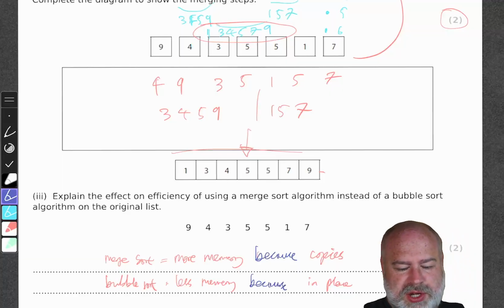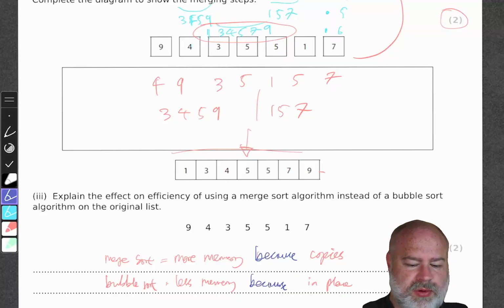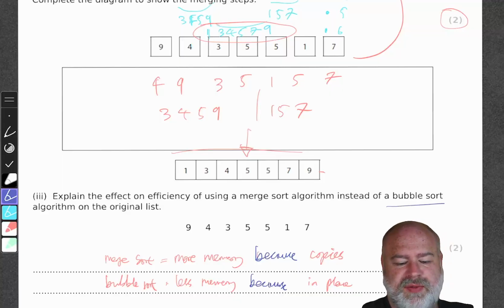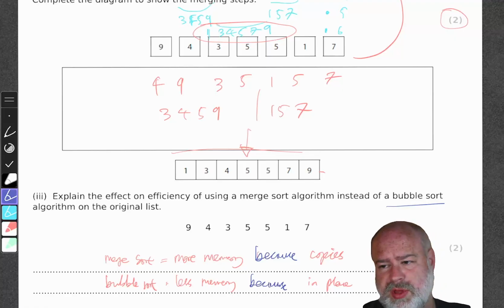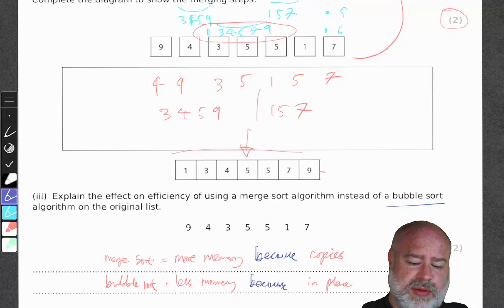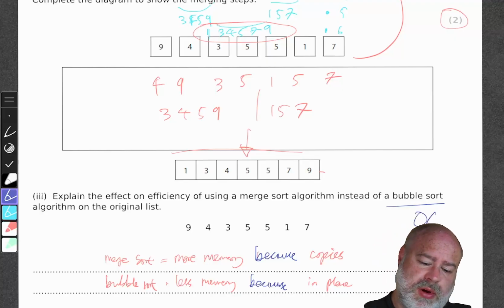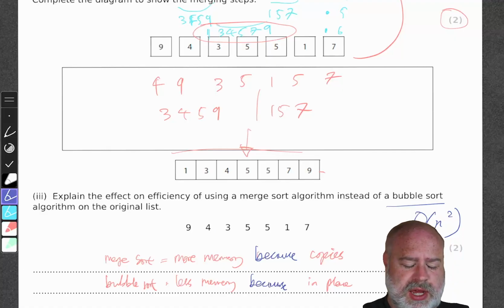I really don't like this question because fundamentally bubble sort is really the most inefficient sorting algorithm out of all the ones you could use, insertion sorts and merge sorts and other things. It really isn't the most efficient, especially if you've got O of n squared, quadratic.